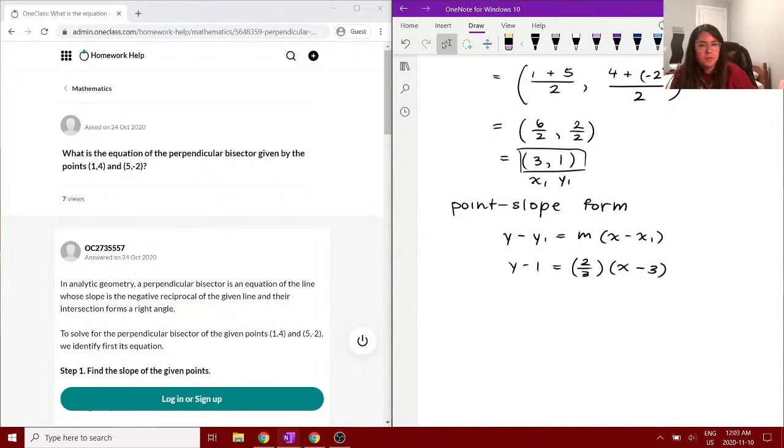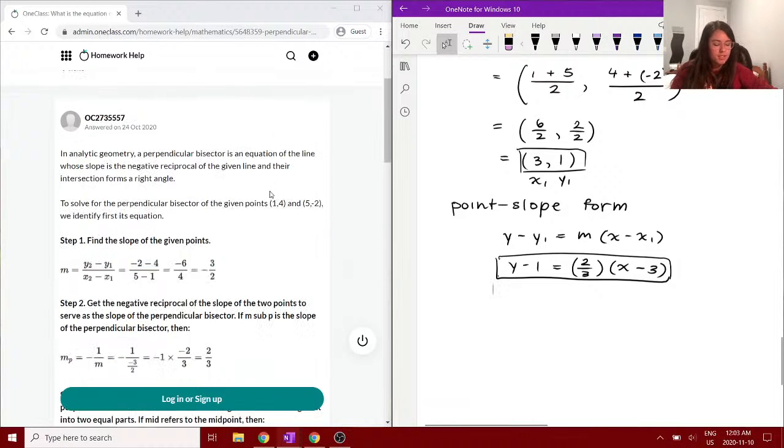And there we go. If you want to rearrange this equation into a different form, we can write it in standard form or slope-intercept form, but that should be good for what it's asking, since it's asking for just an equation of the line. So that's the equation of the perpendicular bisector.